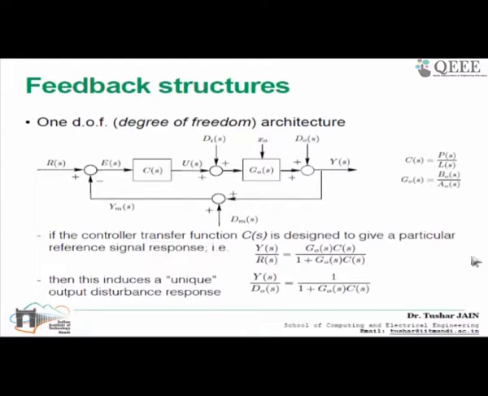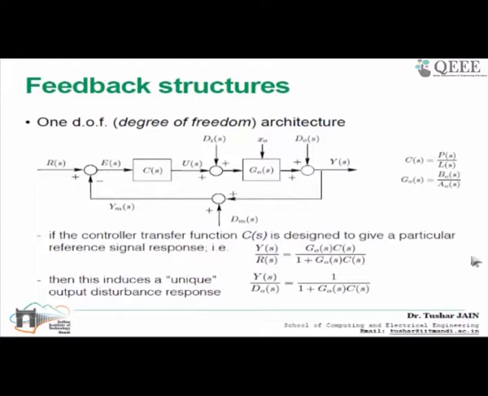If I sum them up, I have an external set point, the R of S, and the other variables are the disturbances, and I have only one controller, right? I have only one controller. So this controller can give you either the desired response with respect to the set point, or the desired response with respect to the disturbances.